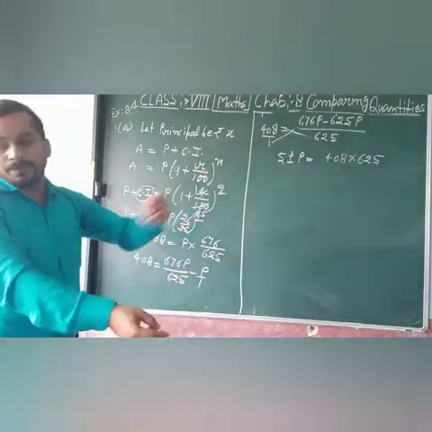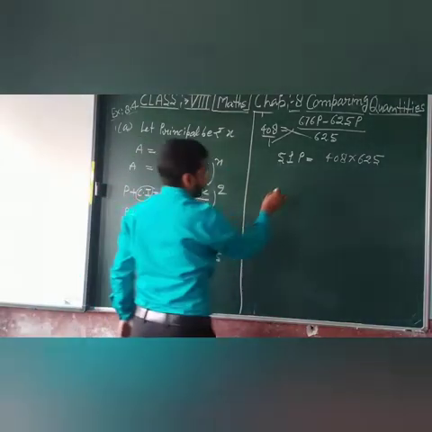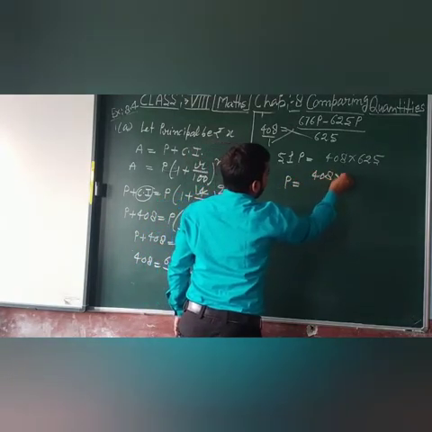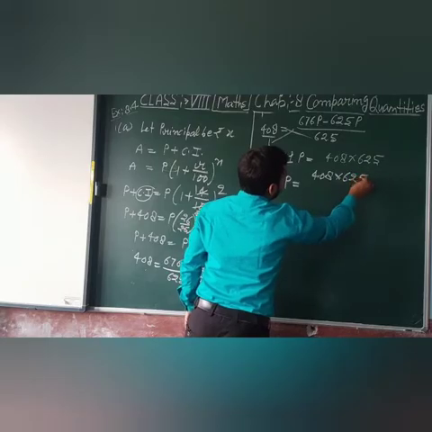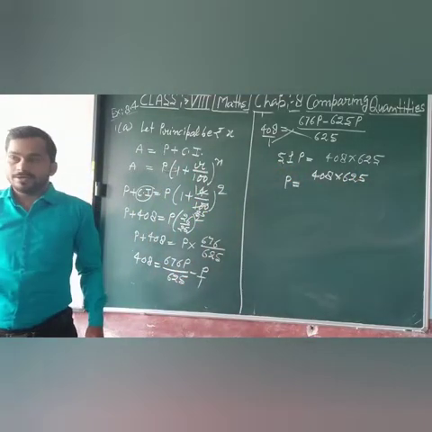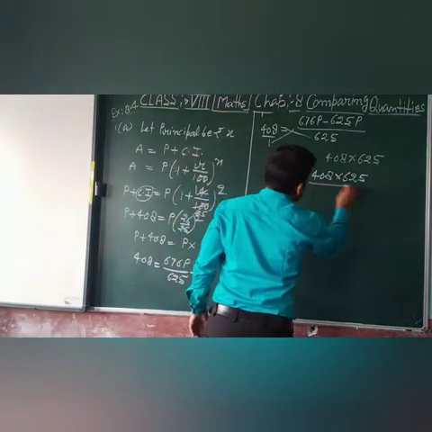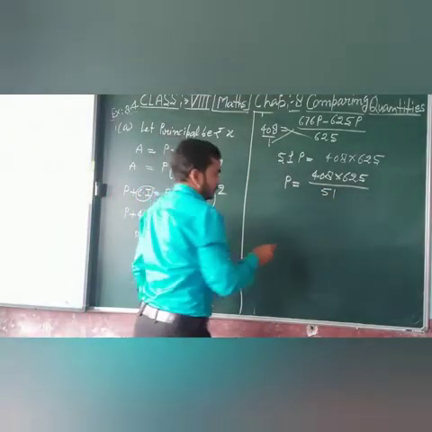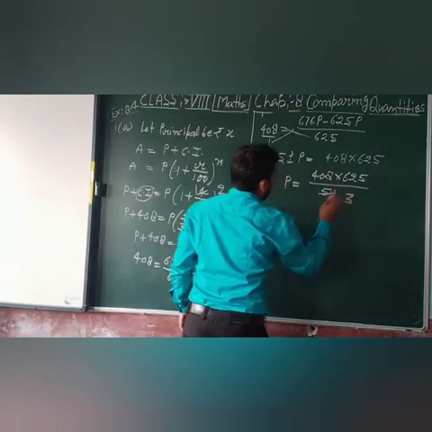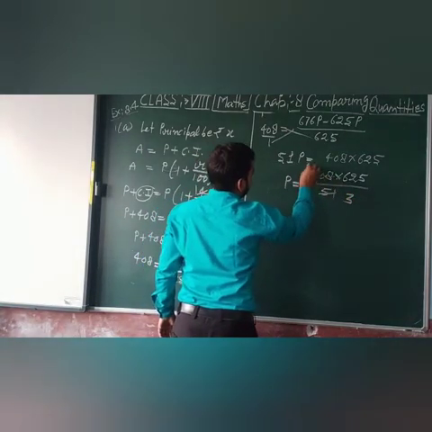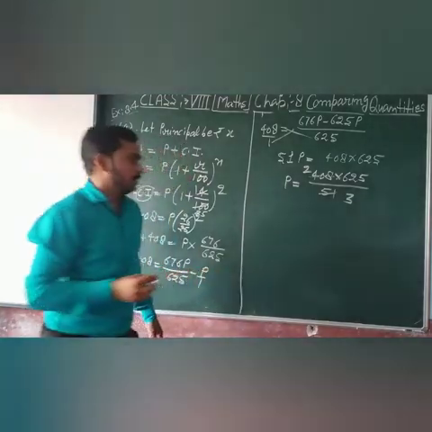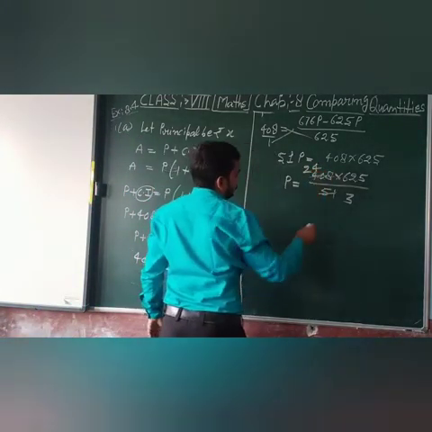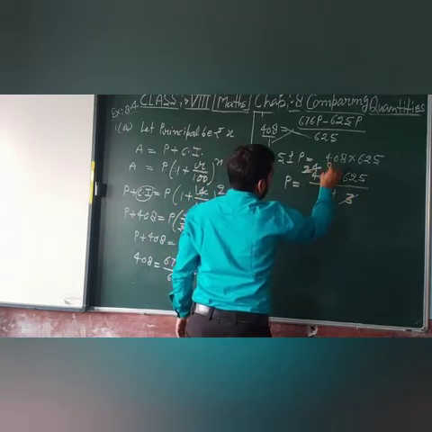Then P equals 408 into 625. This is transposed to the right side, so it will be divided by 51. 17 times 3 is 51, 17 times 4 is 68, and 8 times 3 is 24.